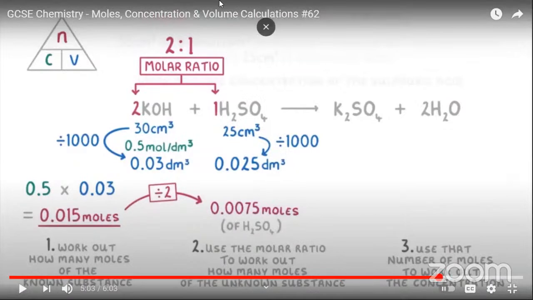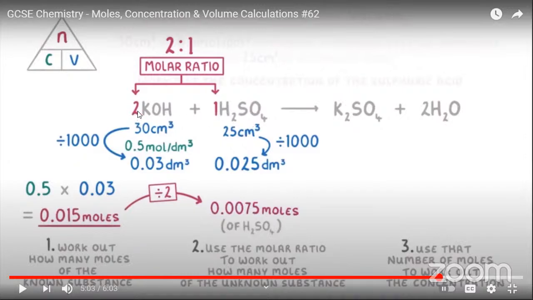Okay, so now that we have, using the mole ratio, the moles of sulfuric acid. The way we use mole ratio is just using the balancing numbers, okay? Here we see that to balance the equation, we had to put a 2 on potassium hydroxide and then a 1 on sulfuric acid.